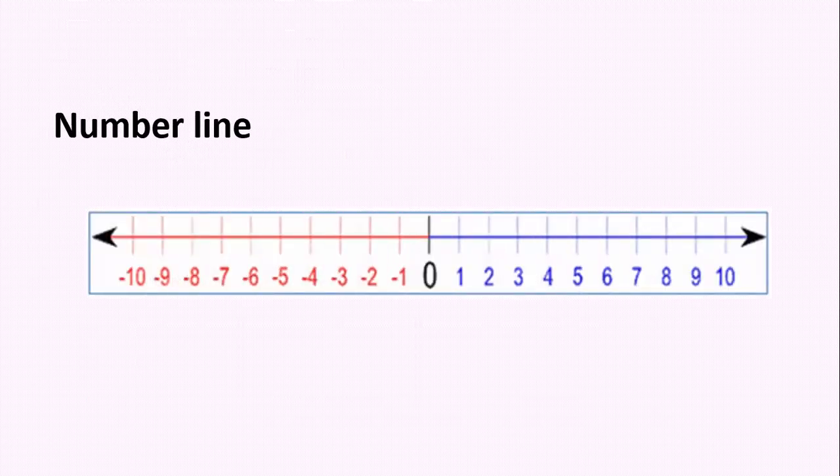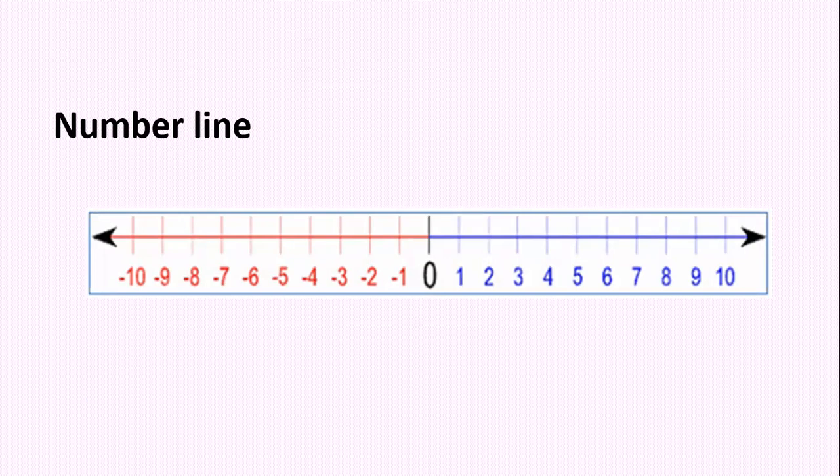As you can see on the screen, positive numbers are to the right of 0 and negative numbers are to the left of 0. One simple definition of real numbers is that any number that can be plotted onto the number line is called a real number. Let us look at a few examples.